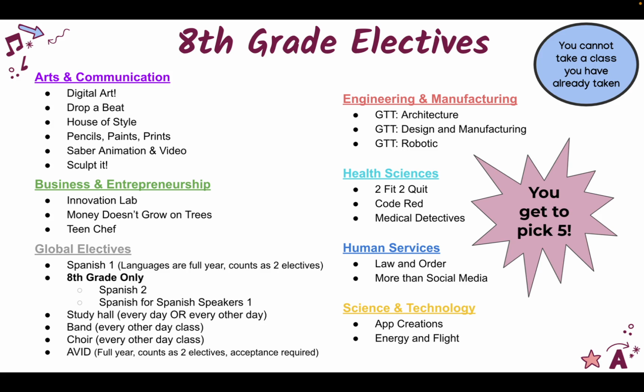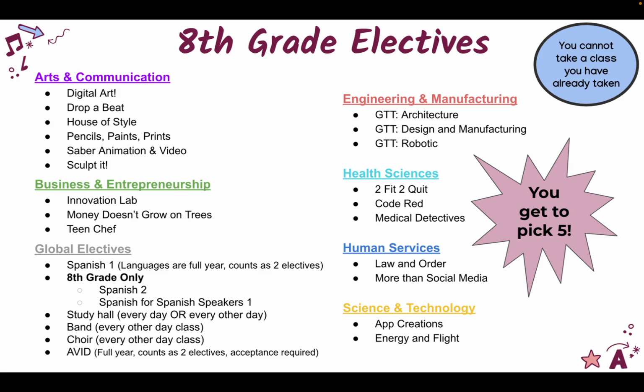I want you to take note of some of those global electives. Some of those global electives are full year classes, which means they count as 2 elective choices for you. That would include Spanish, Spanish 2, and Spanish for Spanish speakers, as well as AVID. If you are currently in AVID and you're staying in AVID next year, you will be automatically enrolled in AVID.